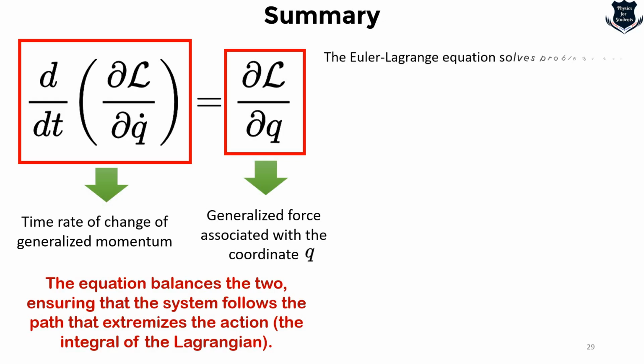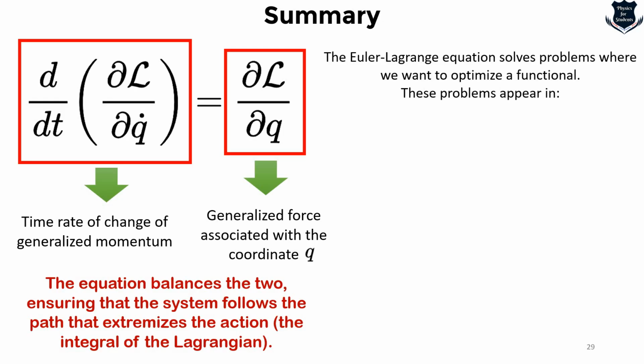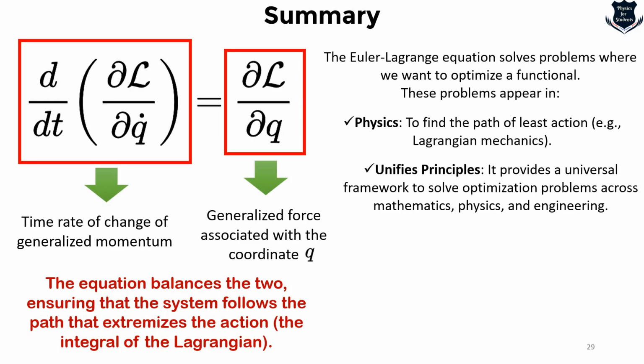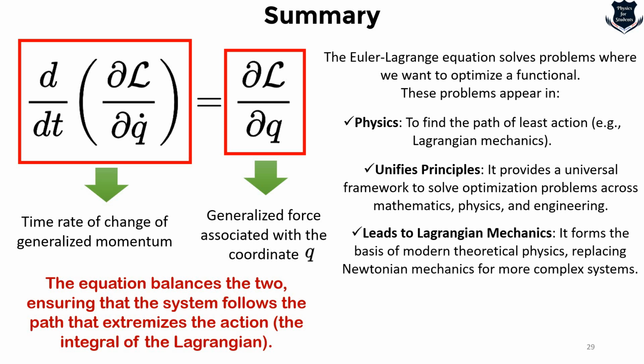So the Euler-Lagrange equation actually solves a lot of problems in mathematical physics. First, in physics, it helps you to find the path of least action, obviously, in Lagrangian mechanics. You have seen this in my earlier video. It also unifies principles because it provides a universal framework to solve optimization problems, yes. And it leads to Lagrangian mechanics.